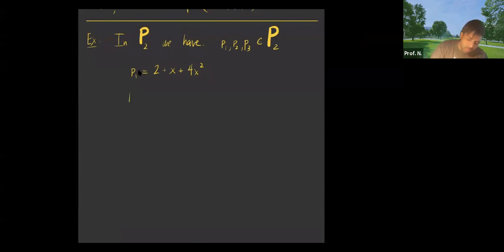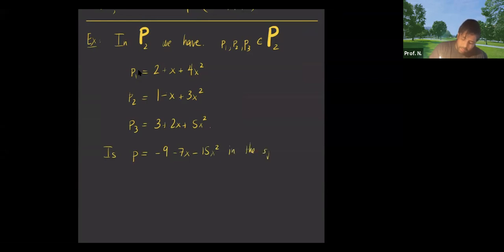So P1 is this, P2 is 1 minus x plus 3x squared, and P3 is 3 plus 2x plus 5x squared. And the question is: this new vector P, negative 9 minus 7x minus 15x squared, is it in the span of P1, P2, and P3?